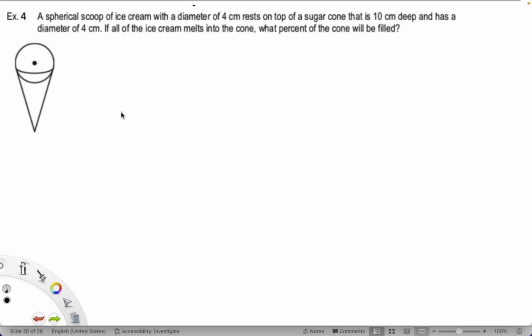So to do this, first we're going to find the volume of the ice cream. Let's draw the ice cream right here. Here's the ice cream, right there. So we're going to find the volume of that. Then we're going to find the volume of the ice cream cone, which is of course right here.